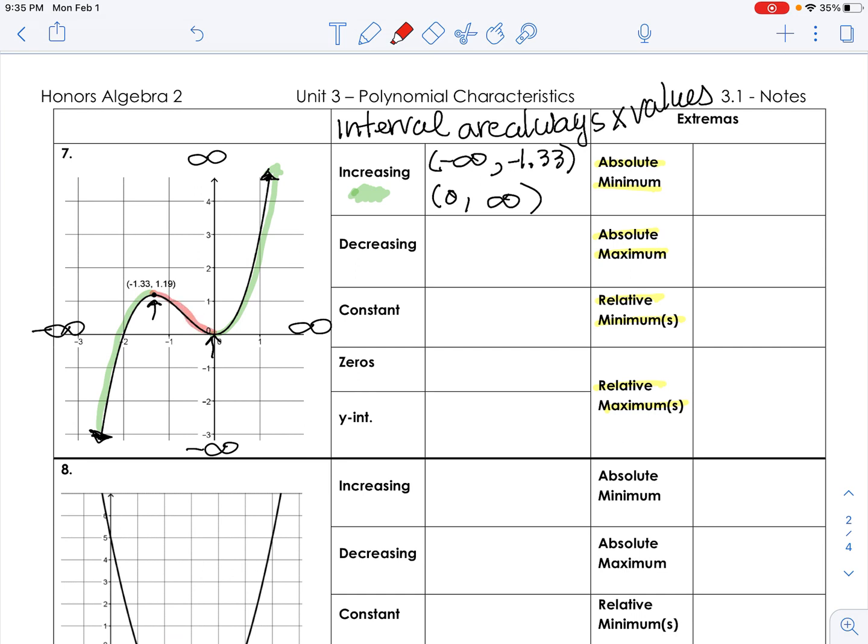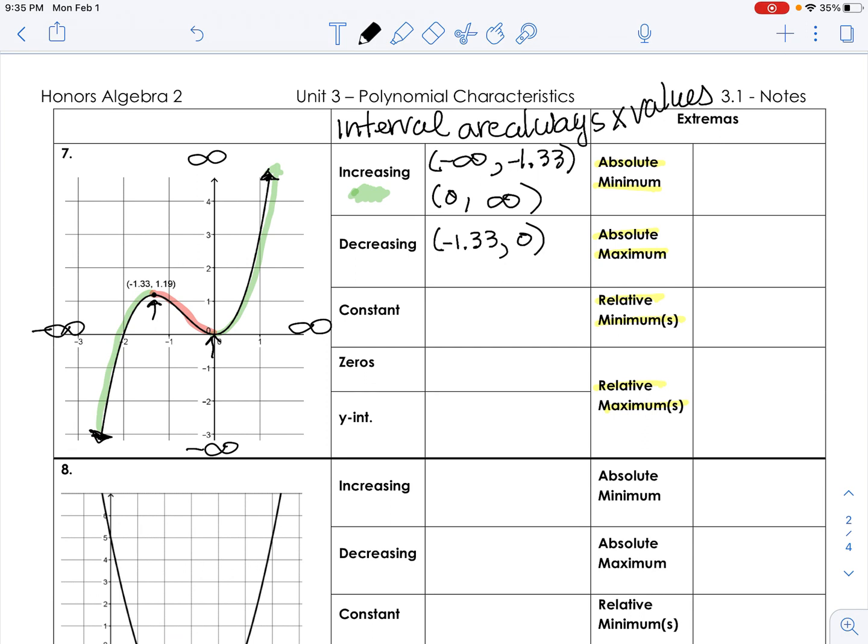All right, let's switch color and let's talk about where the graph is decreasing. So it is decreasing, and again, from negative 1.33 to 0.